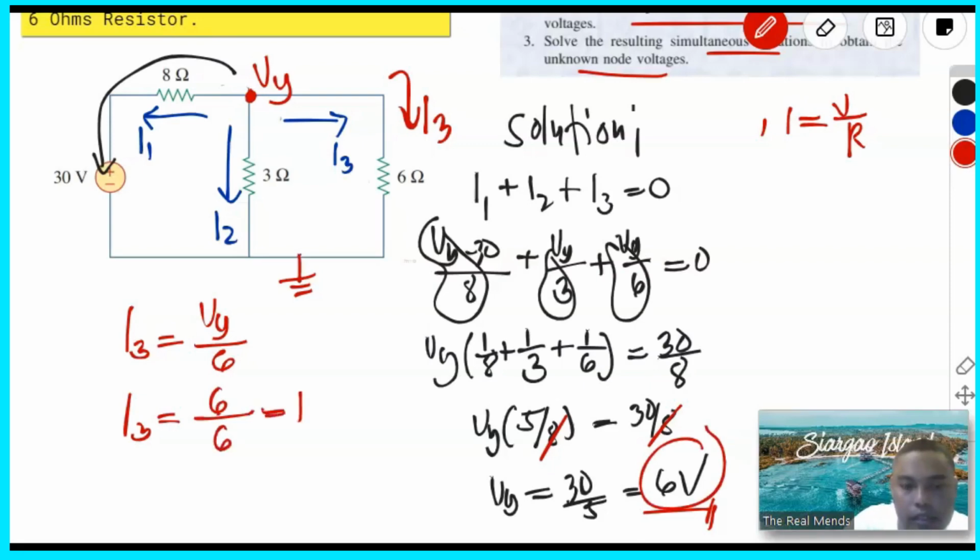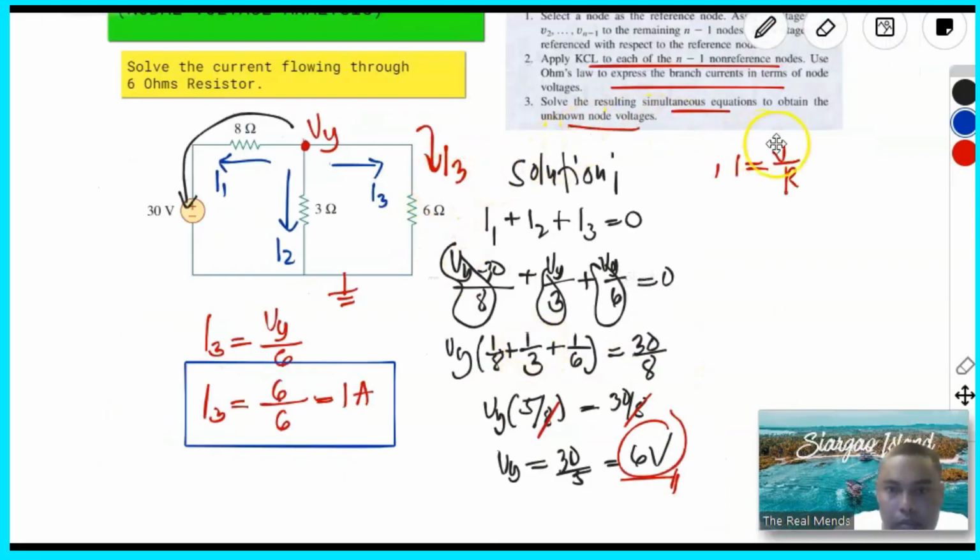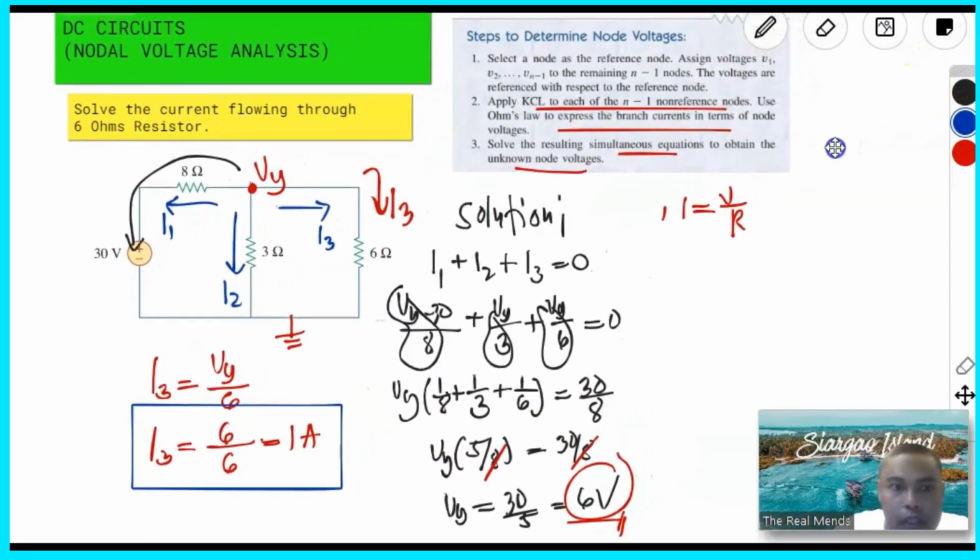That gives us 1 ampere. Okay, so that is the answer to our circuit: the current flowing through the 6 ohms resistor by using the nodal voltage analysis.